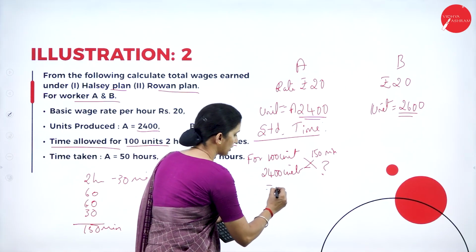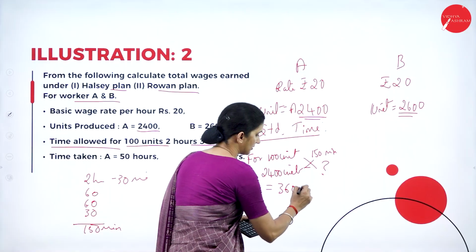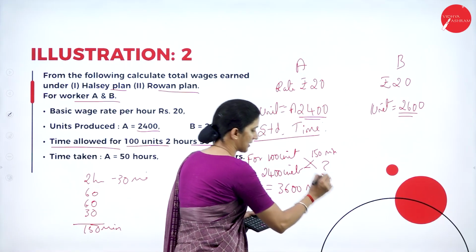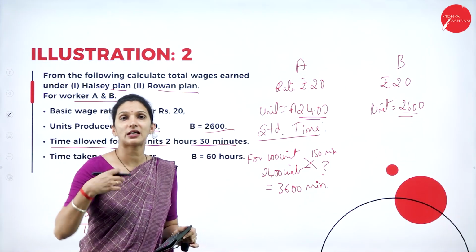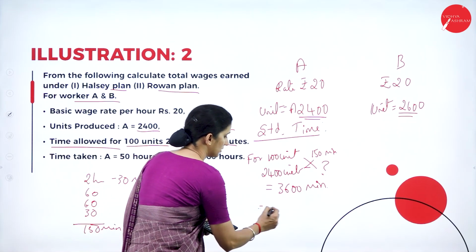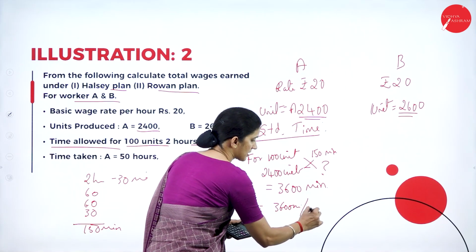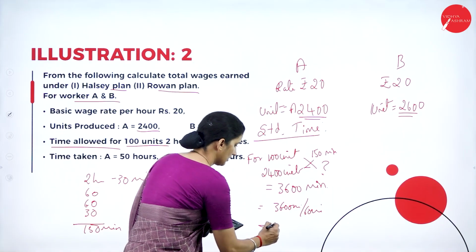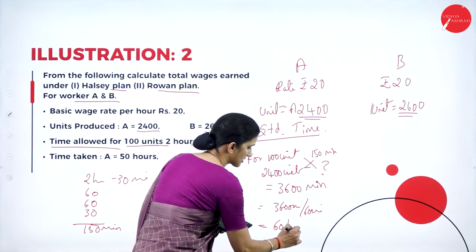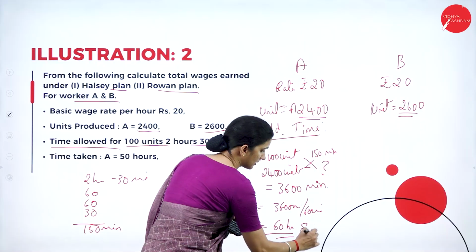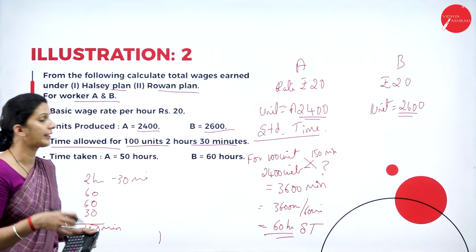Here you get 3600 minutes. Now this we will convert into hours: 3600 minutes divided by 60 minutes, we will get 60 hours. This is the standard time for worker A.